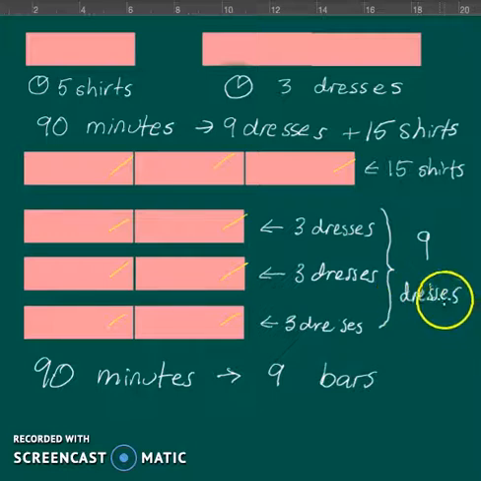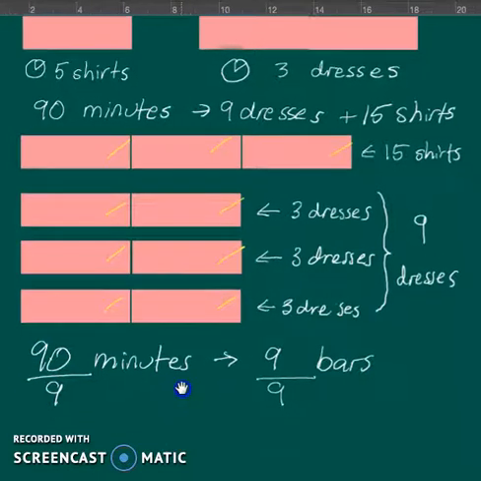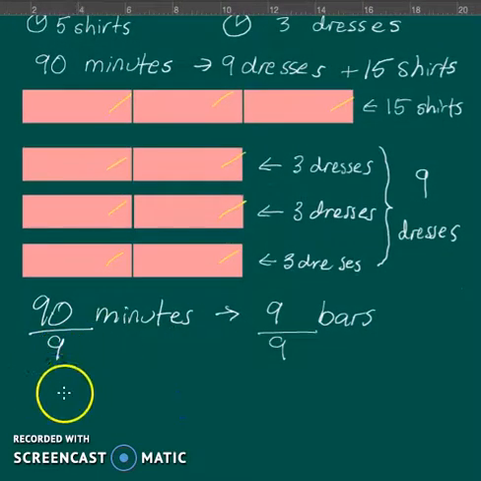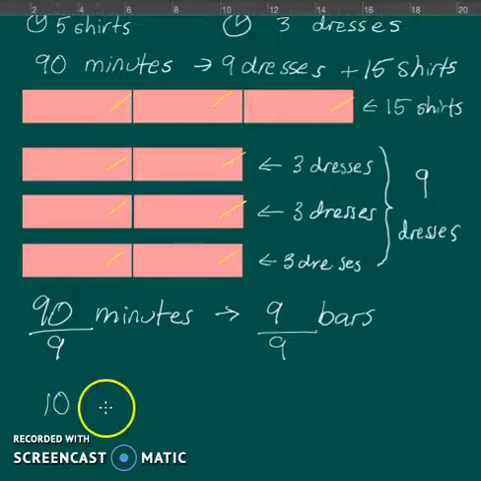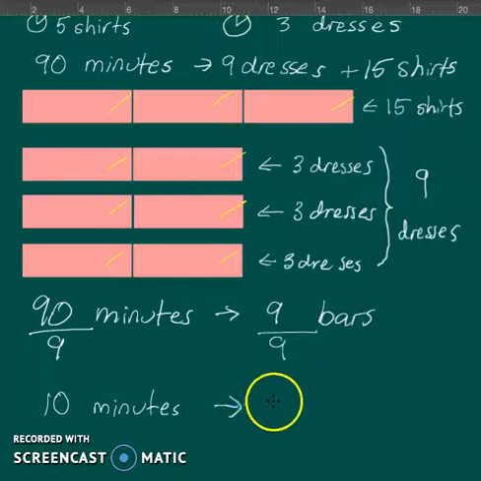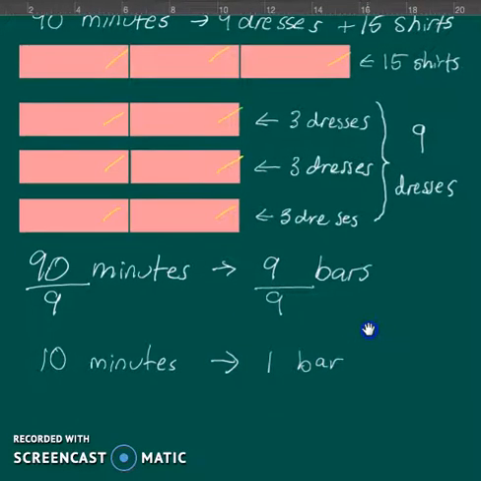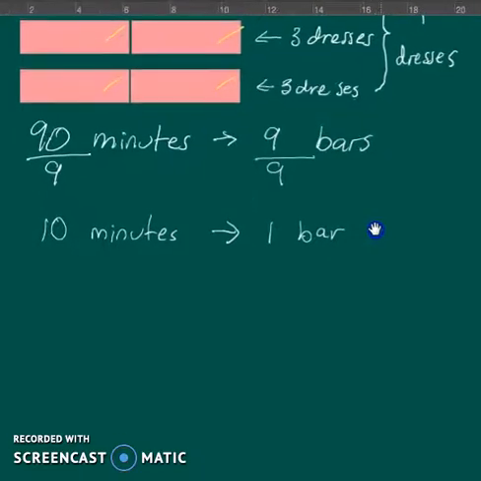Well, how do we find out how much 1 bar is worth? How do we get from 9 bars to 1 bar? Well, we would divide by 9. And then we have to do the same thing to the other side. Divide by 9. Okay, what's 90 divided by 9? 10 minutes. And what is 9 divided by 9? 1 bar.